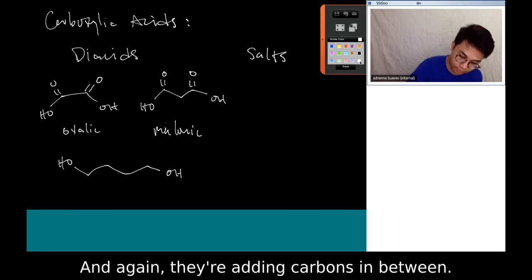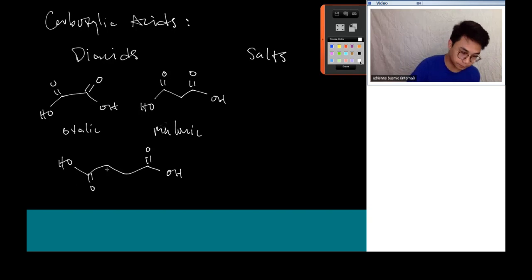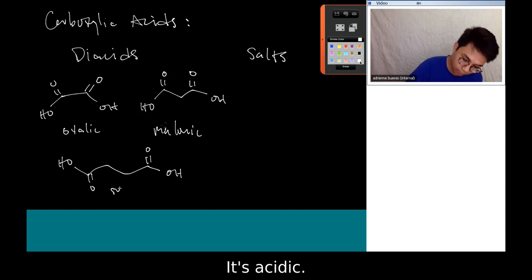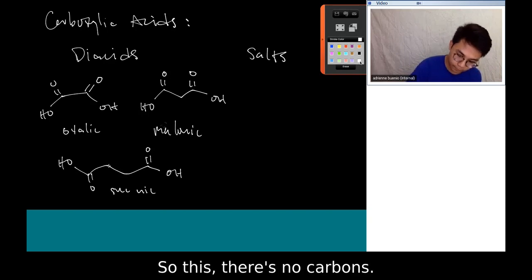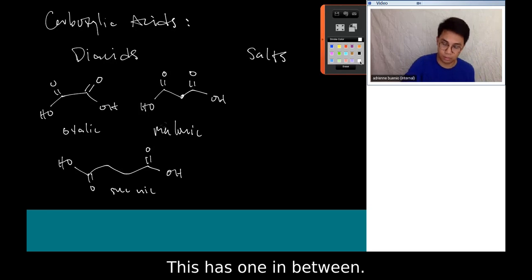And again, they're just adding carbons in between, right? Oxalic has no carbons in between, malonic has one in between, and succinic has two in between.